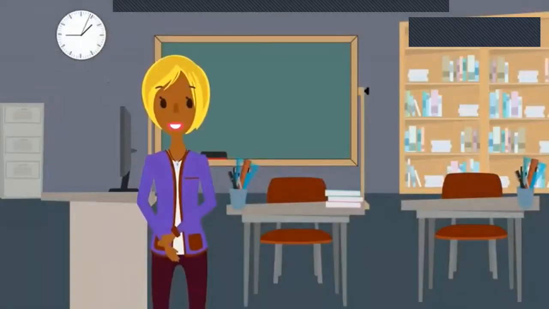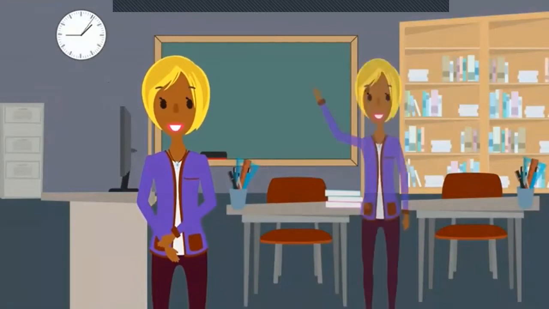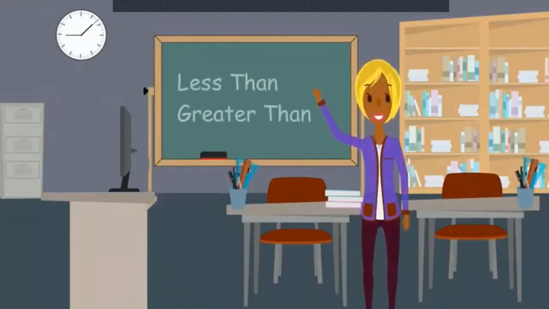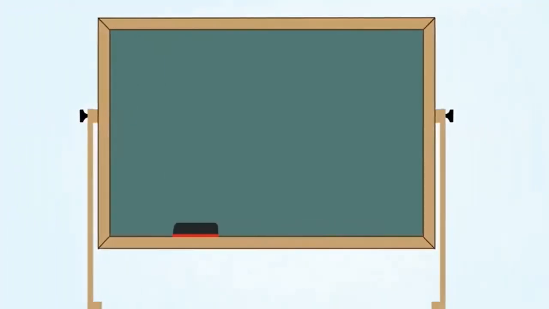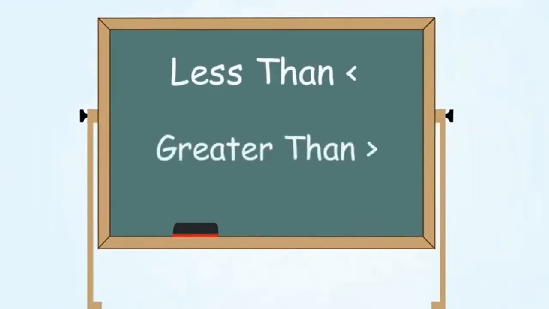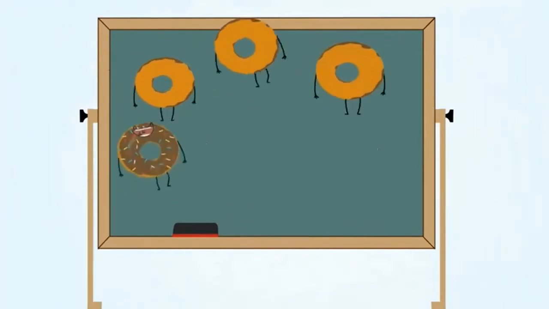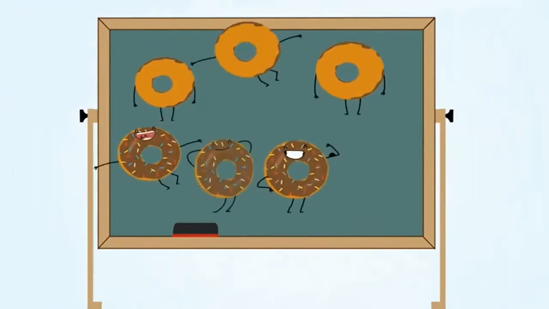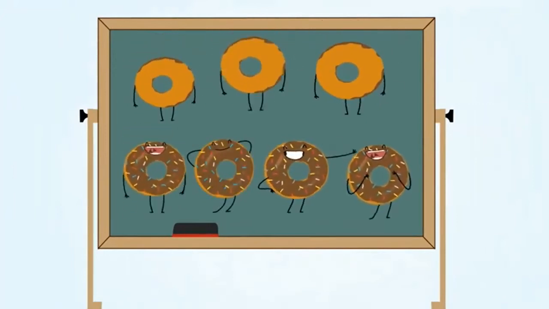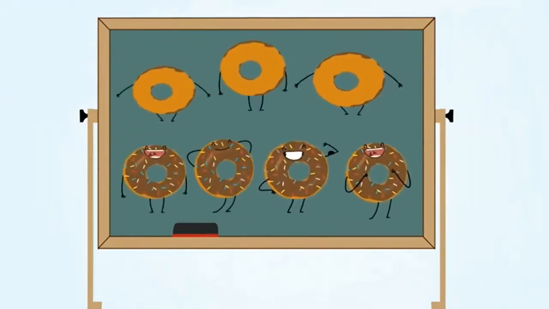Hello children, how are you today? Today we will learn about less than and greater than numbers. So let's start. Less than has a symbol and greater than has a symbol like that. One donut, two donuts, three donuts. Oh, one chocolate donut, two chocolate donuts, three and four chocolate donuts.